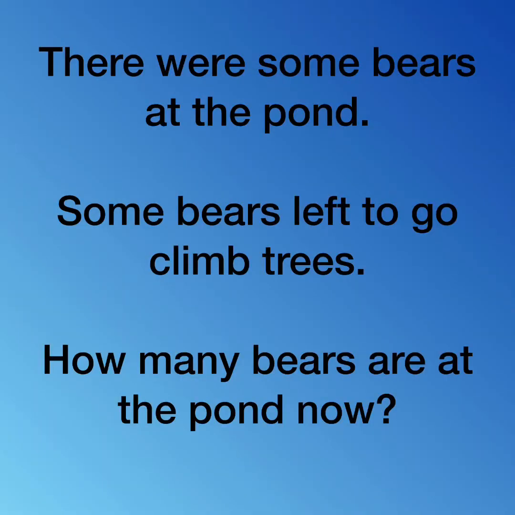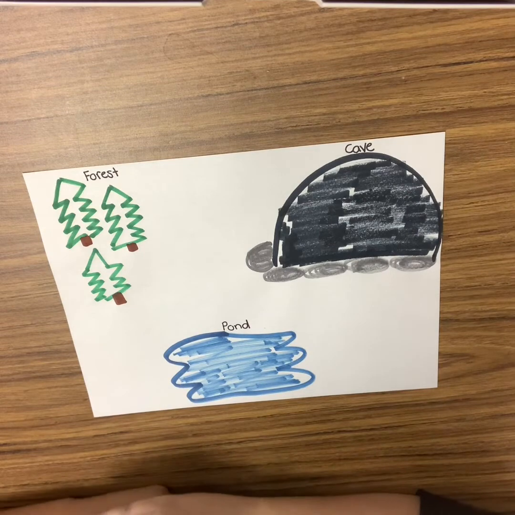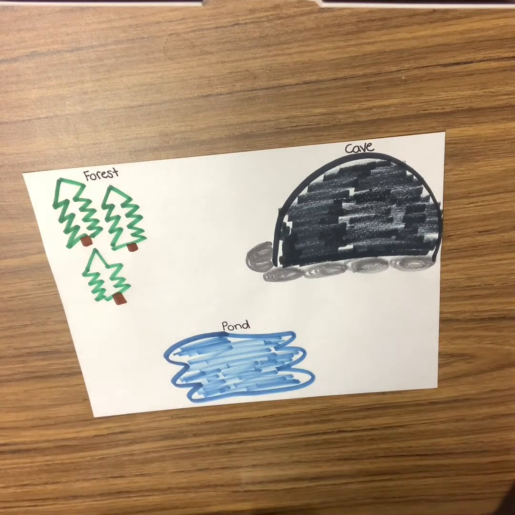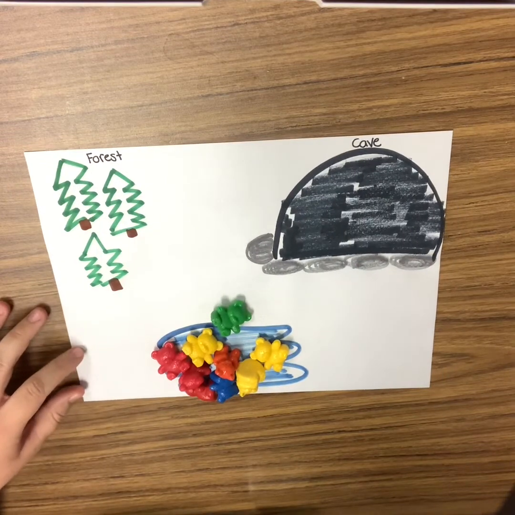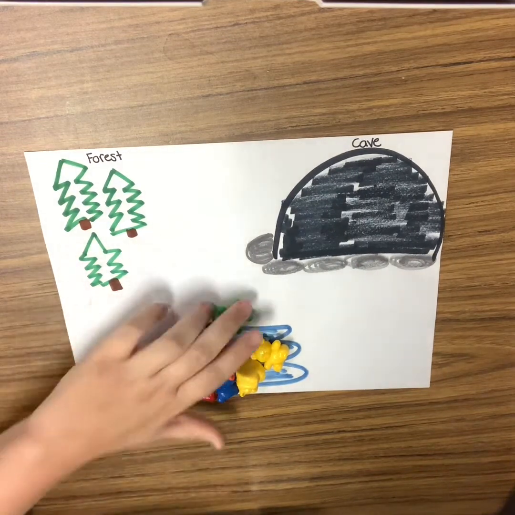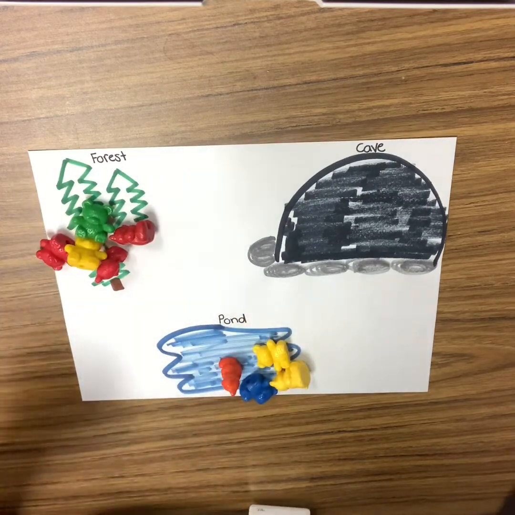Let's try another question. There were some bears at the pond. Some bears left to go climb trees. How many bears are at the pond now? Okay, let's think about what happened in this problem. It said there were some bears at the pond, and then some bears left to go climb trees. So what happened in this problem?